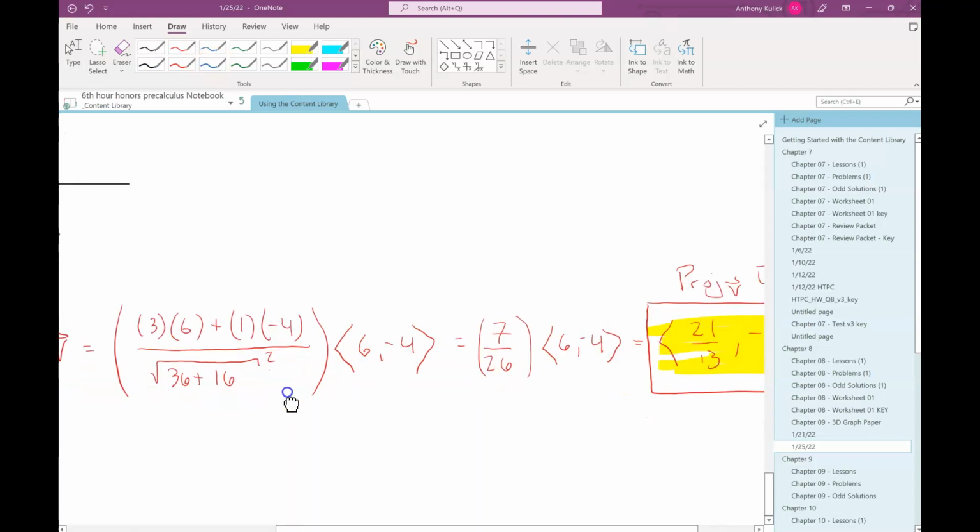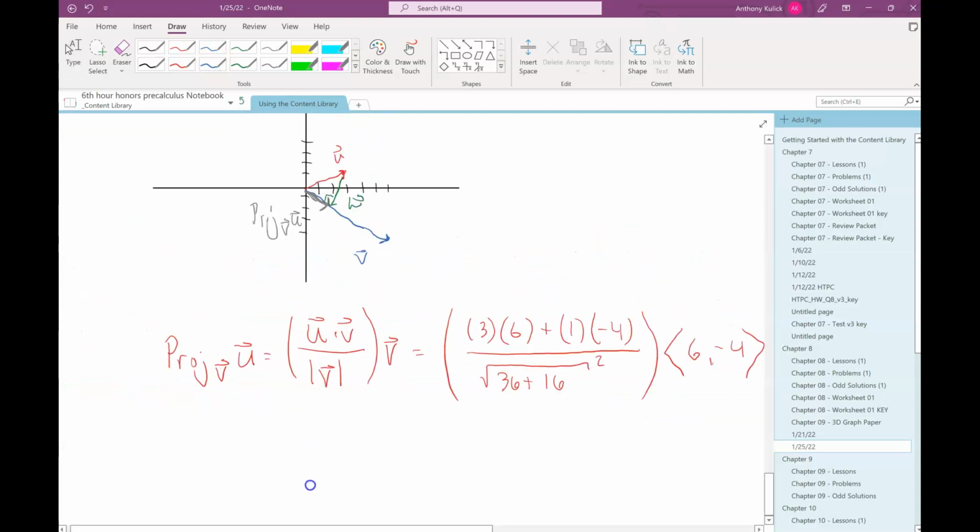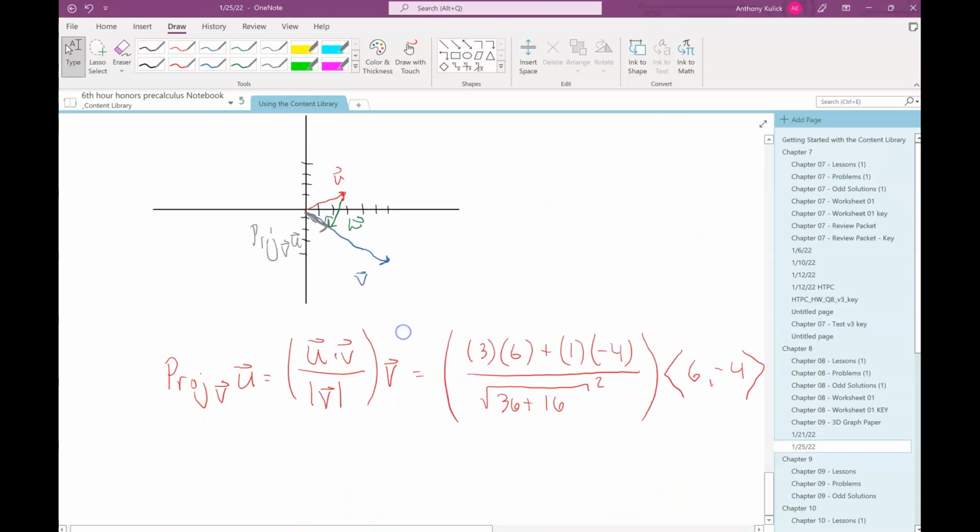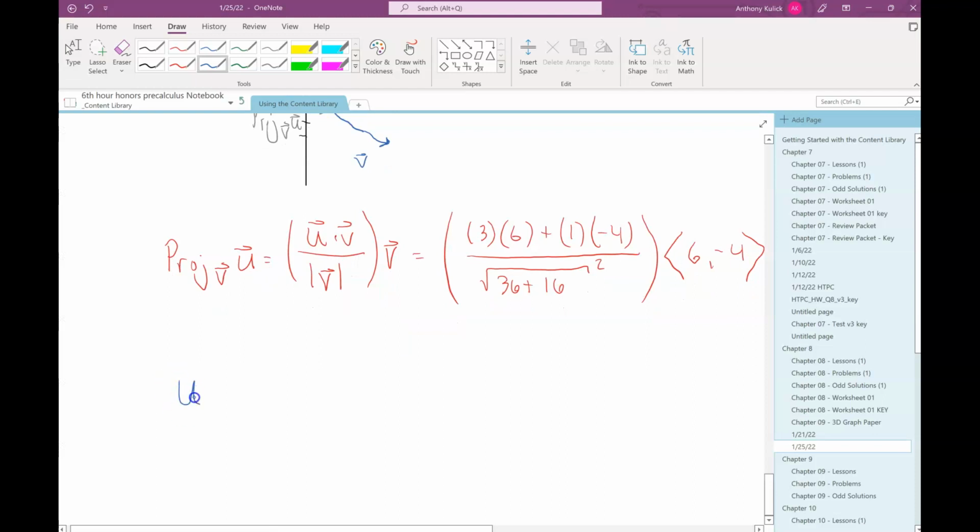The second part of our question asked us to rewrite vector u as the sum of two orthogonal vectors. So I can see clearly from my picture that u could be written as the sum of the projection of u onto v plus w.